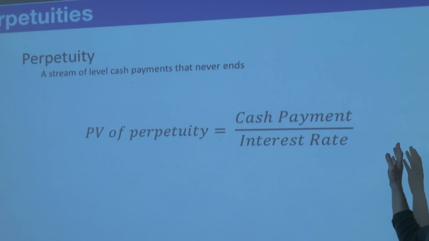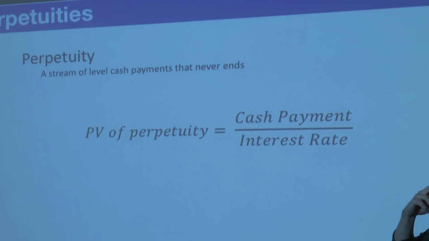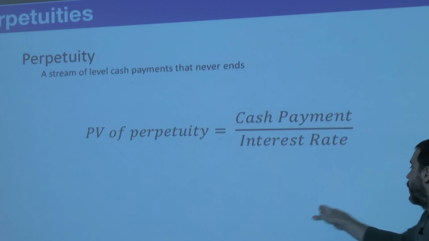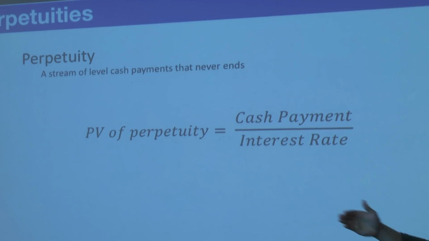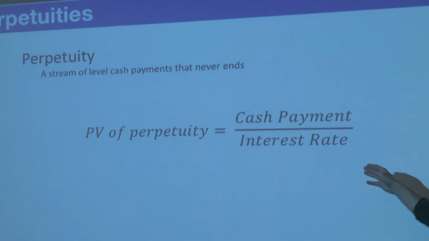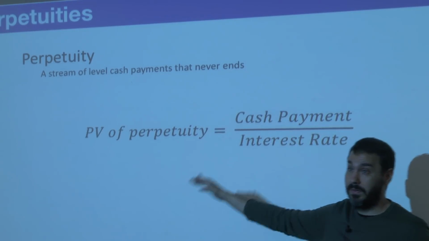Because it never ends. If I ask you the future value after 3 years of this stream of level payments, it is not a perpetuity anymore because I'm putting an end to it. I'm computing basically a piece of it, which is an annuity at that point. A perpetuity, by definition, never ends.